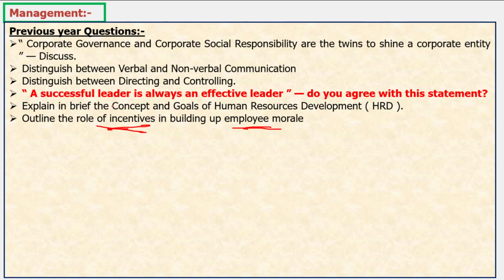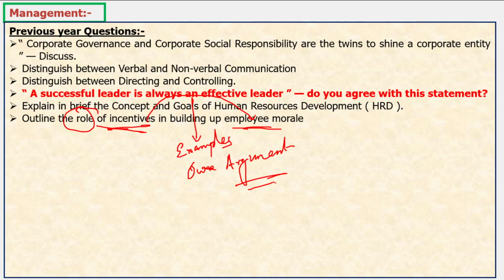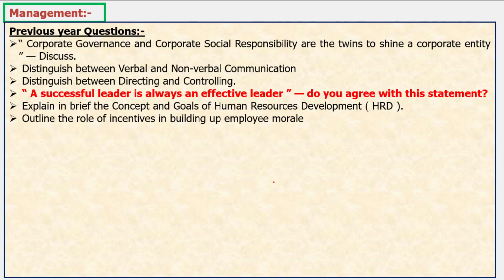But when you have to outline the role of incentives in building employee morale, you can also use examples, and your own ideas and arguments, to make the answer better than others, right? So that scope was there in this particular question.